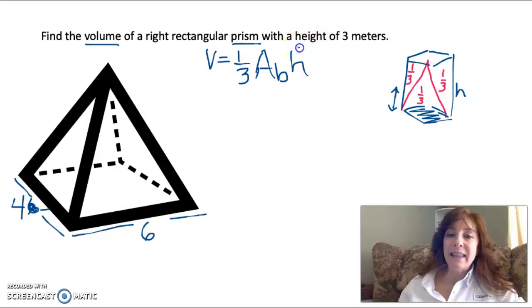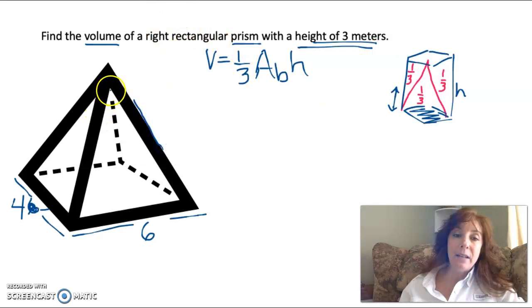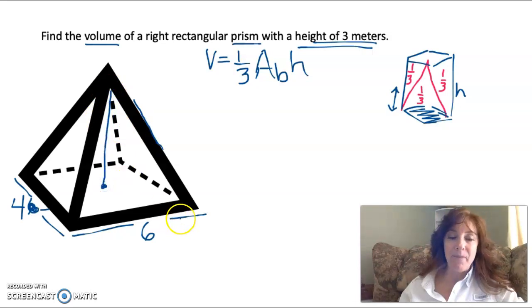They tell us that the height of the whole prism is 3 meters. That's the true height. That is not this slant height. It is the true height from the apex down to the center of the base. That's the true height. And that's what is 3 meters.